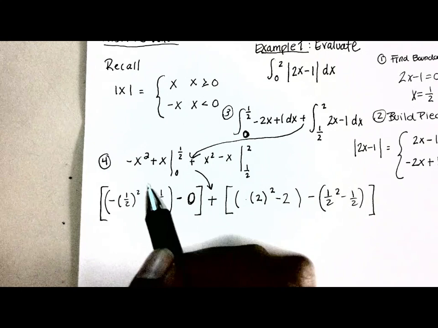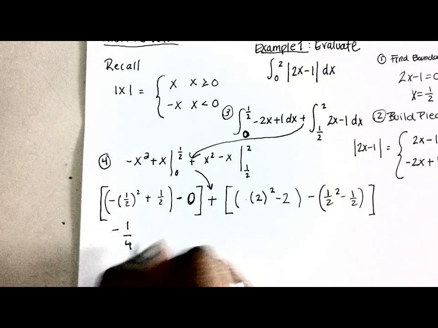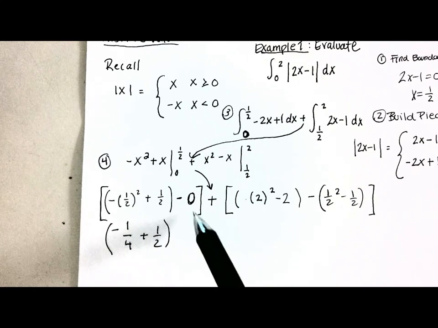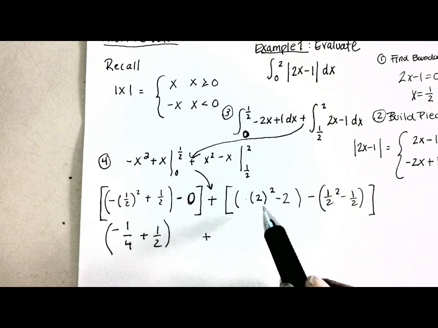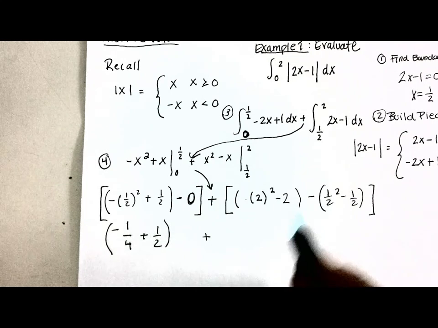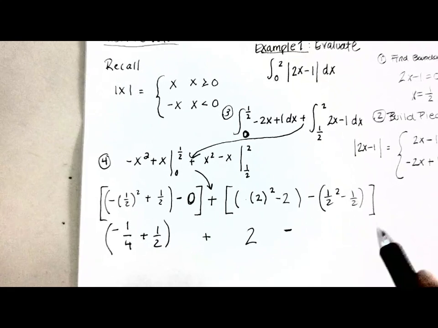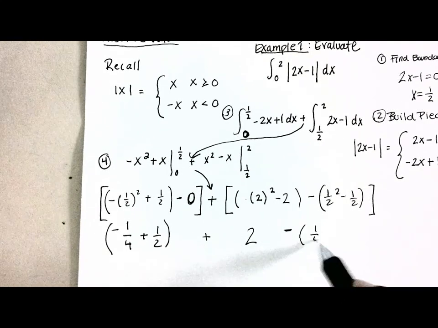Okay, so this is negative 1/4 plus half. I don't need the minus 0. Plus 2 squared is 4. 4 minus 2 is 2. Minus 1/4 minus half.